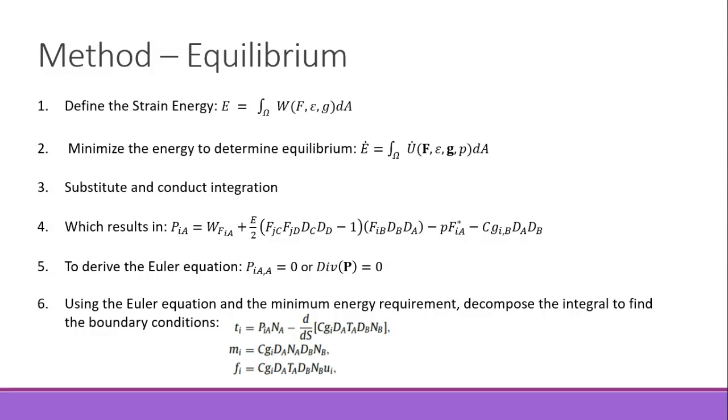By conducting that integration, the researchers were able to derive the expression PIA, which is known as Piola stress, and that's essentially a formula to represent the stresses that are being applied axially to this elastomeric composite.